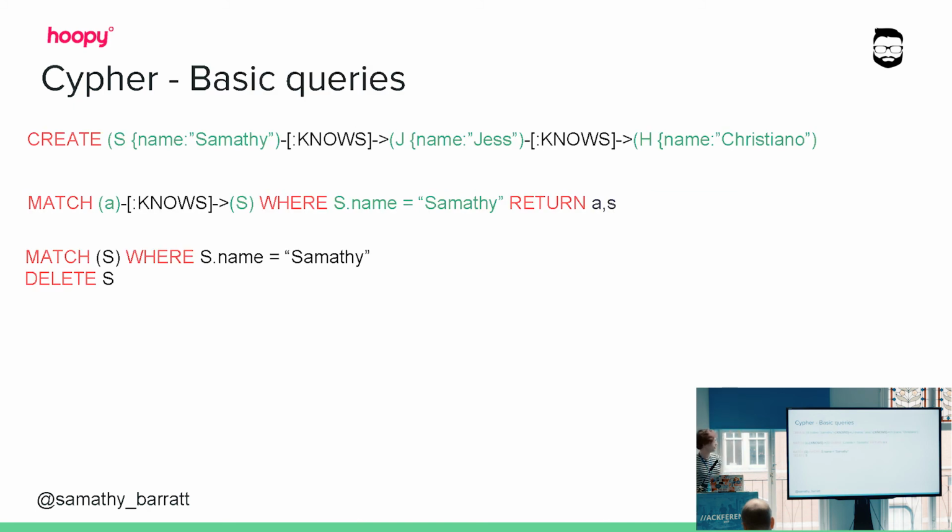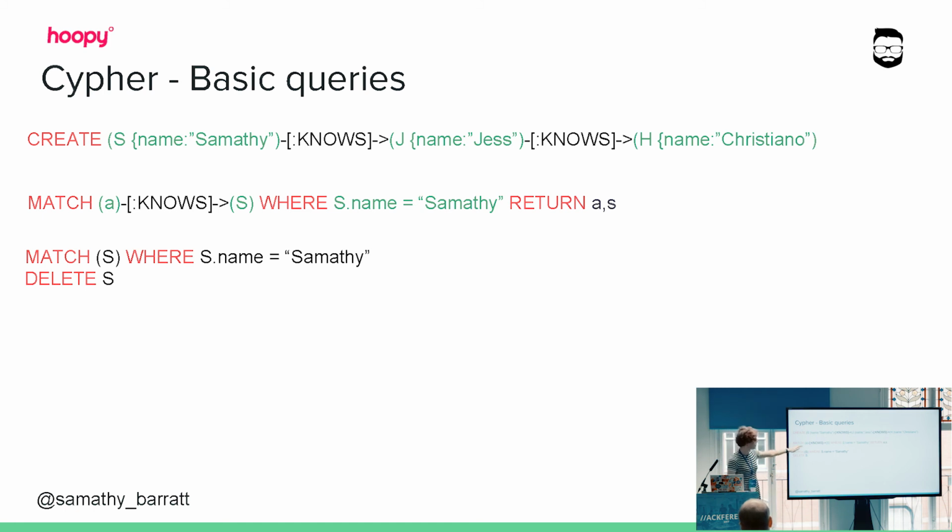So some basic queries. We've got create query at the top, which creates a node that is me with my name, creates a relationship, a new node for Jess, and a new node for Cristiano with the relationship between that and Jess. We've then got a match query between A, which is just a variable that is a node, and S, which is another variable that is a node.